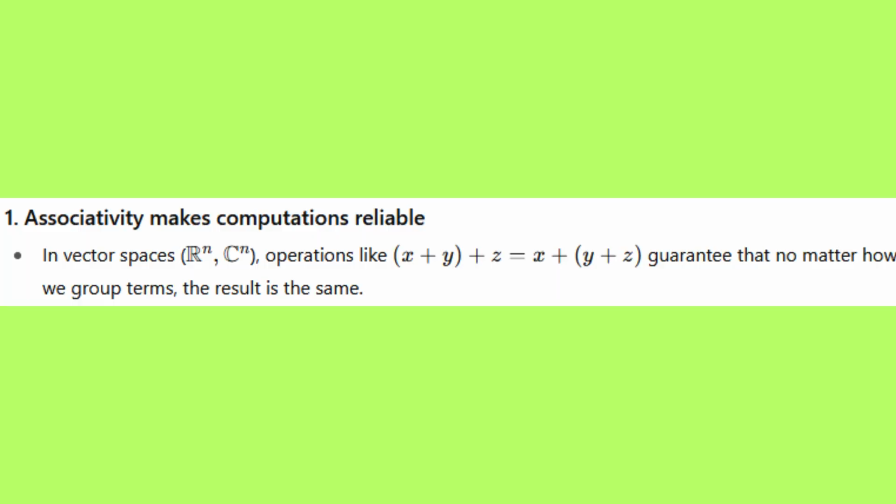Associativity makes computations reliable. In vector spaces, like the one we've just done, such operations guarantee that no matter how we group these terms, the result remains the same. And if that is the same, it means we definitely have consistent outcomes.